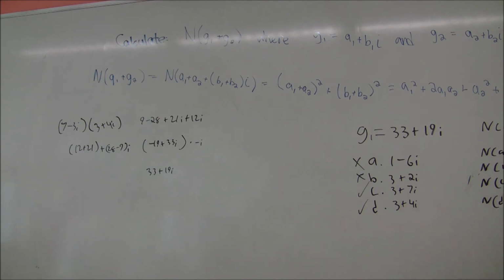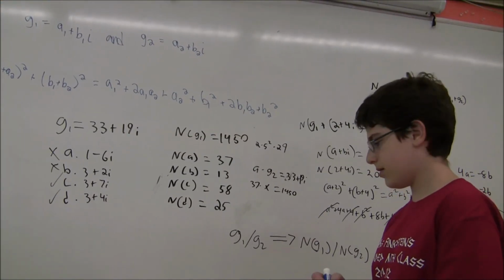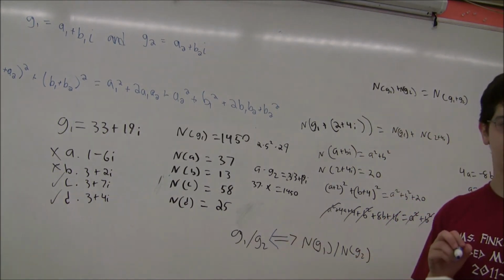We already knew that for one Gaussian integer to divide the other, the norms have to divide, because we showed that you're screwed otherwise. The question was, could we make it a double implication?